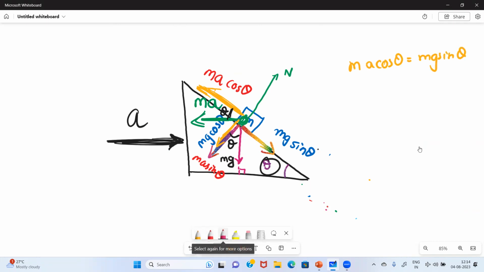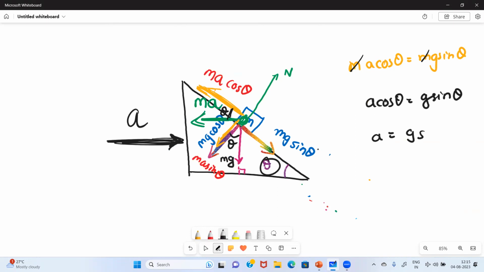So what cancels, students? m gets cancelled. So what is a equal to? Yeah, sin theta by cos theta is tan theta.